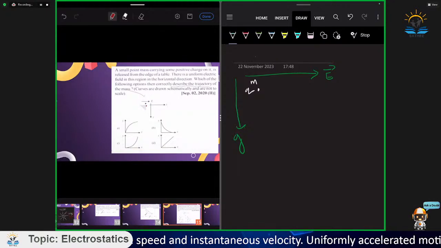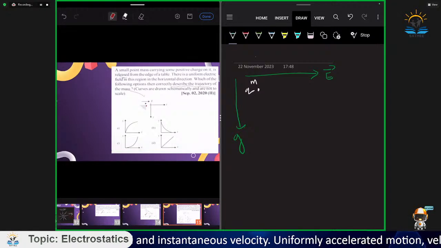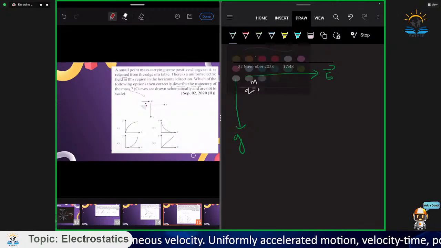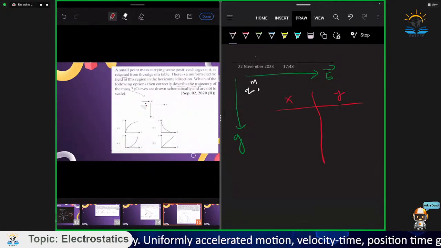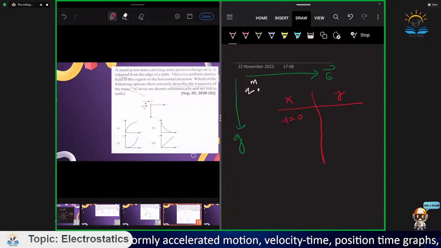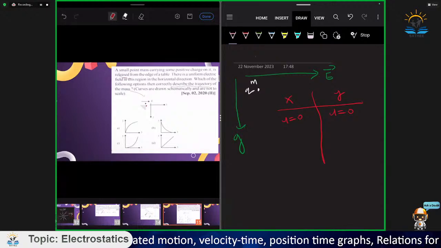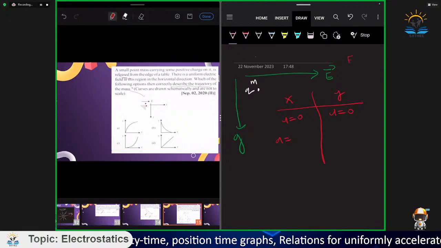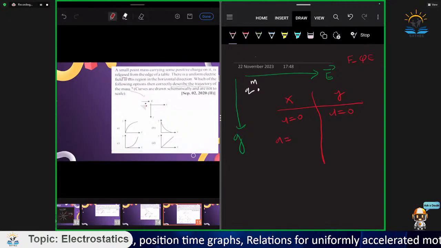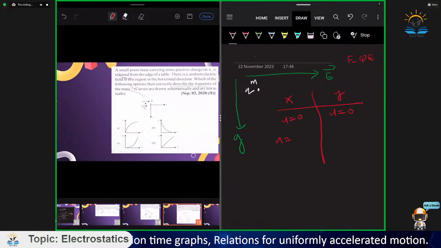So released means, see, I'm making two columns. On the x-axis what will happen, on the y-axis what will happen. Both axes initial velocity is zero. On the x-axis, because of the electric field, force will be qE. Electric field is F by q.